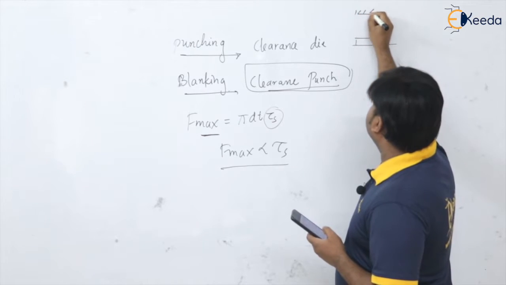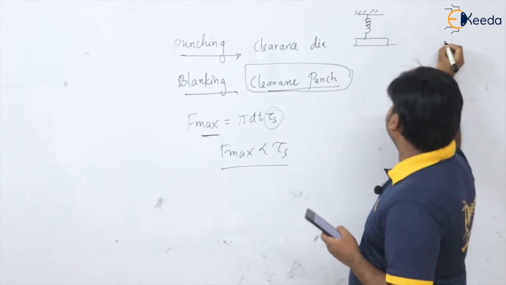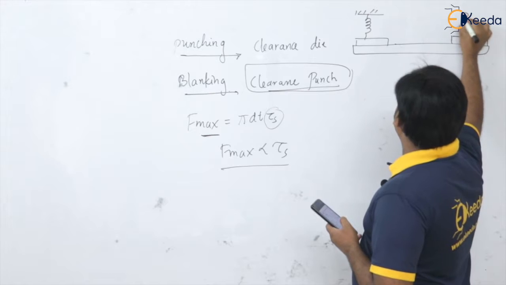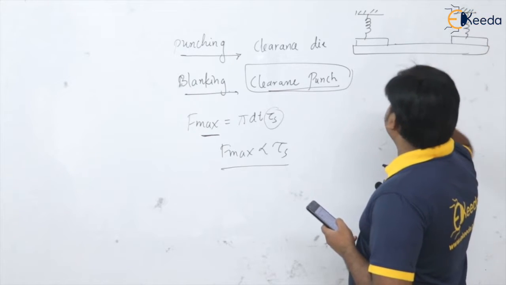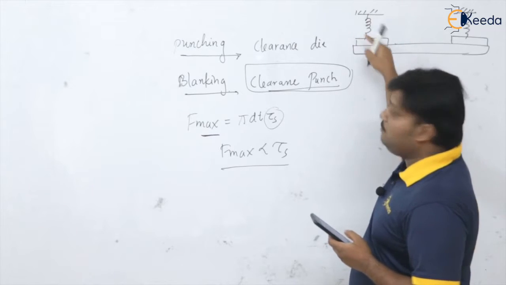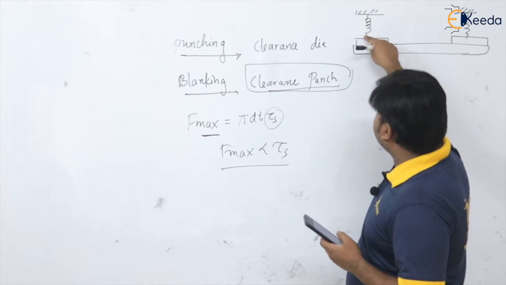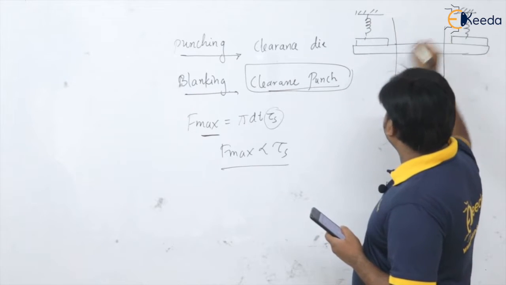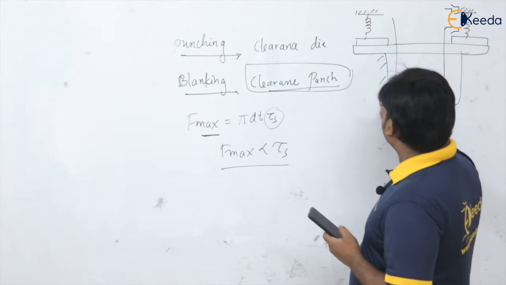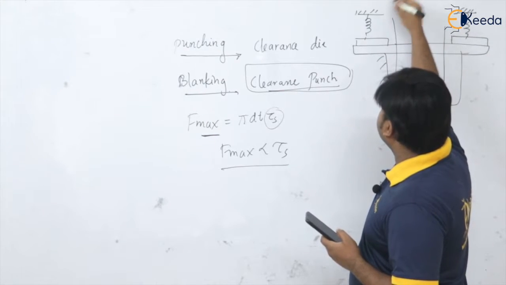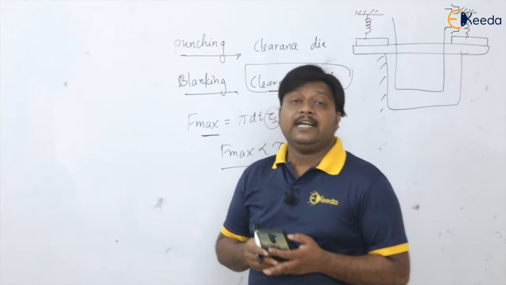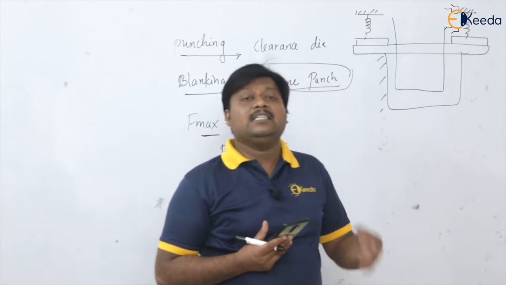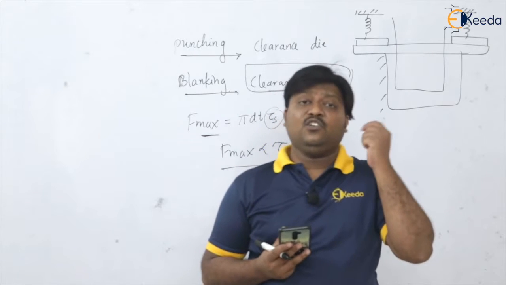These are the spring loaded stripper plates we use for holding the sheet, and the stripper force acts on the sheet while the punch goes inside the die, and until it comes out to its original position, till that time the stripper force is acting on the plate, unless and until the punch is completely withdrawn from the die.